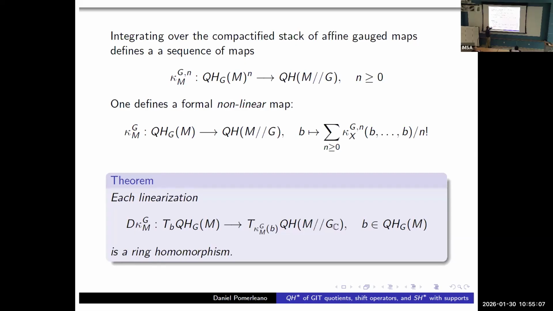And one thing to say is that in general, for scaled lines themselves we need at least one marked point to define the moduli of scaled lines. But for these maps we also allow n equals 0.